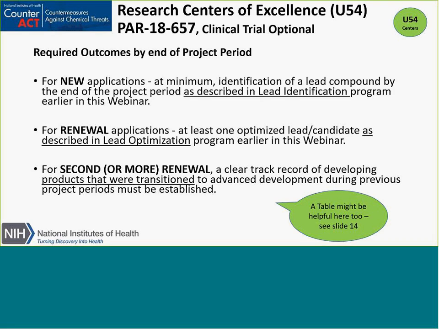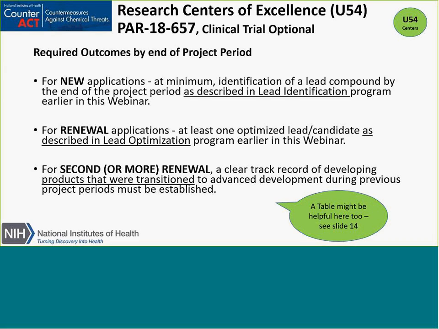These center projects encompass basic research described in the R21 program through that described in the lead identification and optimization U01 programs. Specific outcomes must be met depending on the type of application. At a minimum, you should identify a lead compound by the end of the project period, defined and described in the lead identification funding estimate.